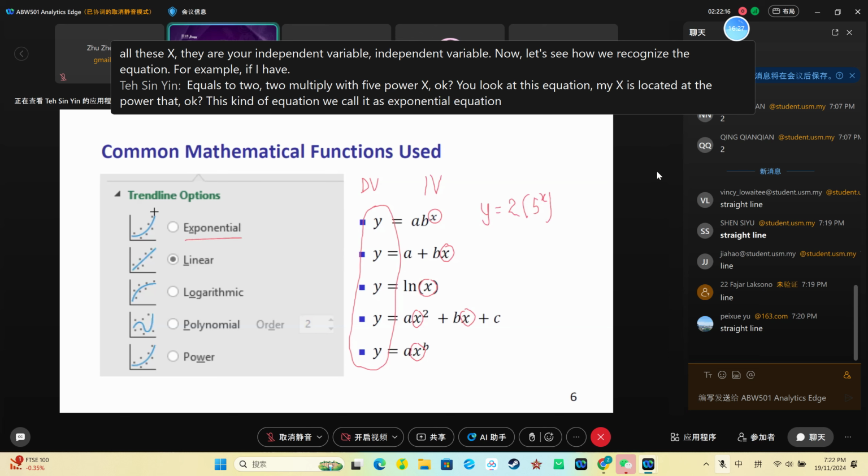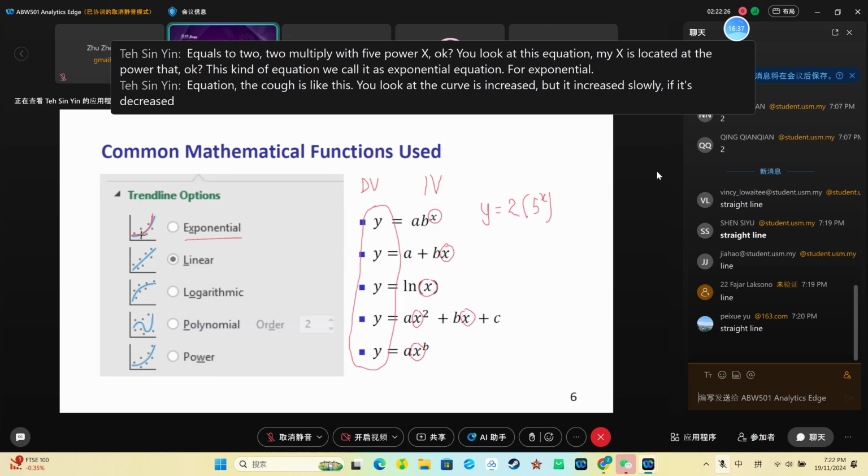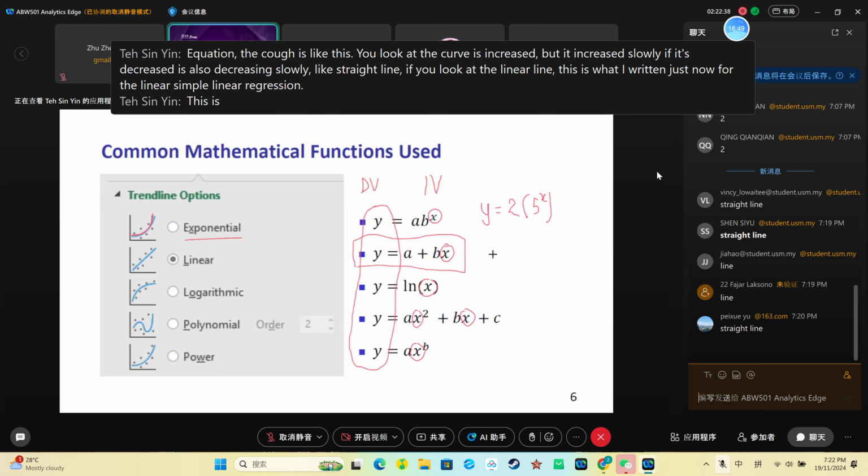For an exponential equation, the curve is like this. It increases, but it increases slowly. If it decreases, it also decreases slowly. Compare with the linear line, which is what I wrote just now for simple linear regression.